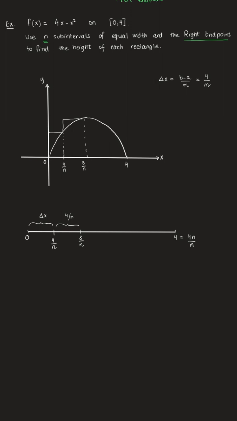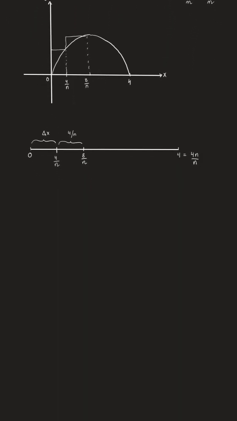So we're going to start writing our Riemann sum. Our Riemann sum is going to be the sum of the areas of the rectangles. For our first rectangle, the width is going to be 4 over n, and the height will be the function value at 4 over n, since I'm using the right endpoint of each subinterval to get the height. The second rectangle, its width will also be 4 over n, but now the height will be at 8 over n.